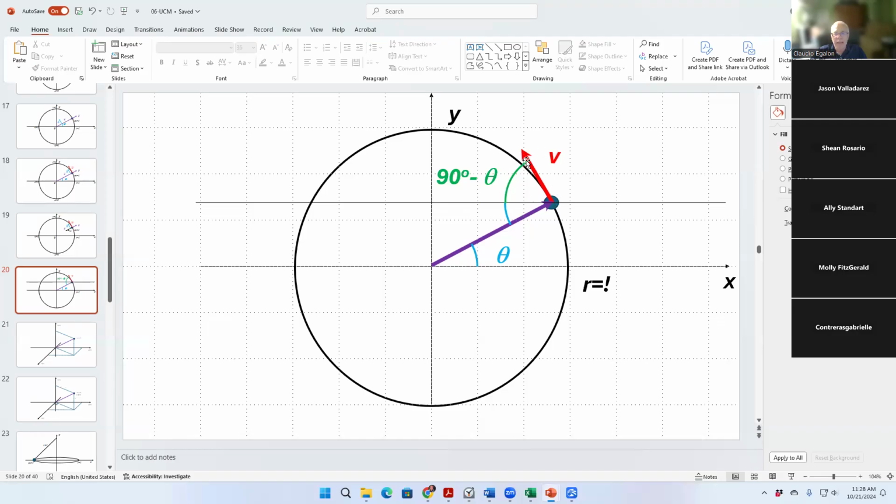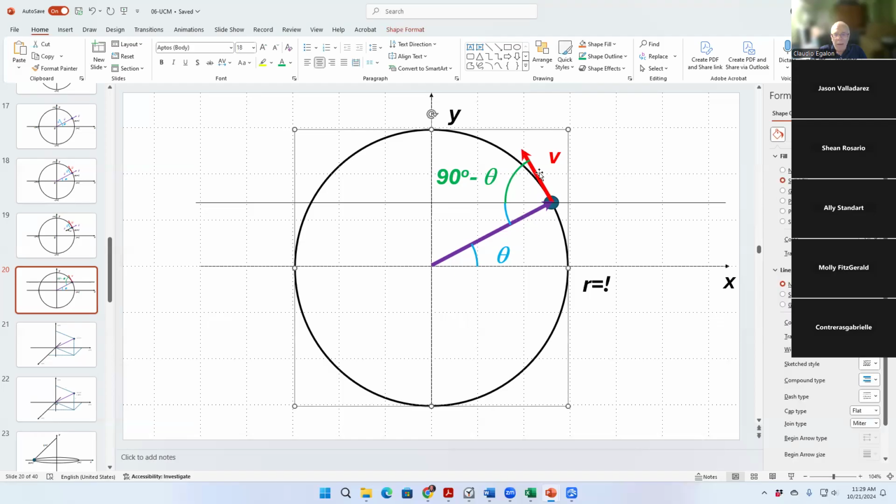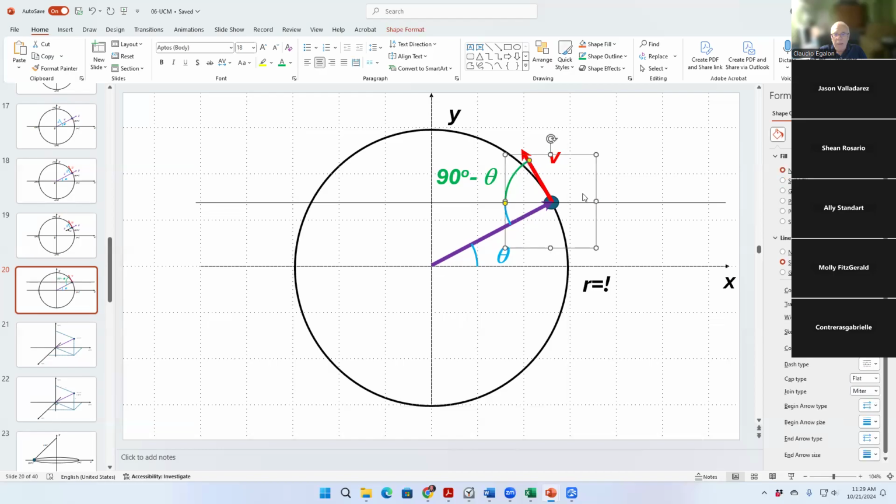If this one is 90 minus theta, this angle here is going to be theta.